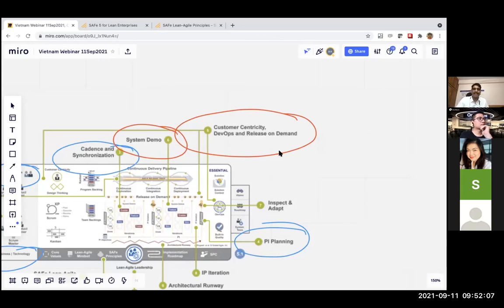Right. Now, the criteria to evaluate whether your organization can implement SAFe or not. I would say there are two or three things you need to take care of. One is, you should have a big enough problem. If one team can solve a problem, I don't suggest you implement SAFe. But when you have multiple teams which need to come and align, this is where SAFe kicks in.